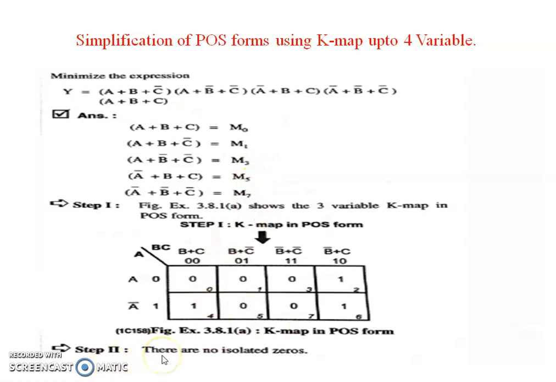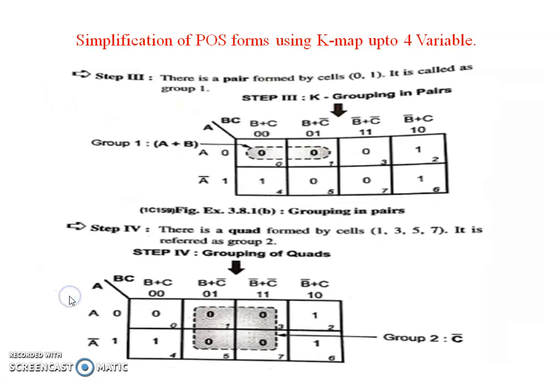Now our next step, there are no isolated 0s in this case. So in the next step, there is a pair formed by cell 0 and 1.